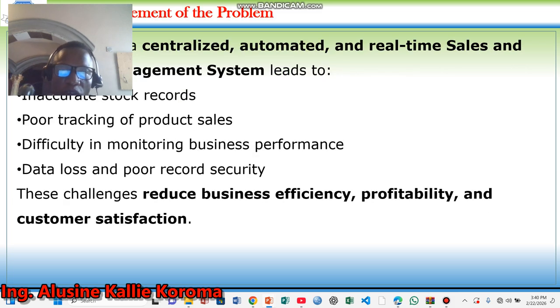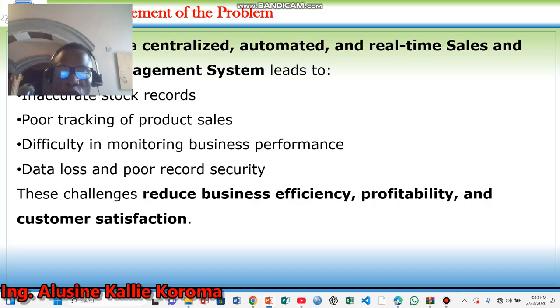So, the statement of the problem: the absence of a centralized, automated and real-time sales and event management system leads to the following problems. One, inaccurate stock records and poor tracking of products.